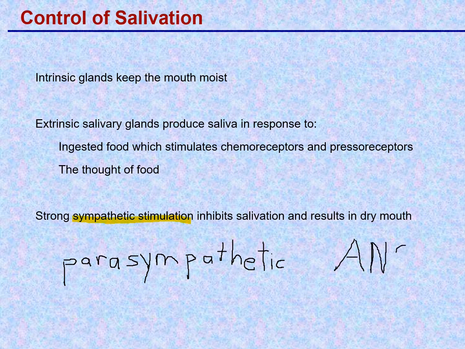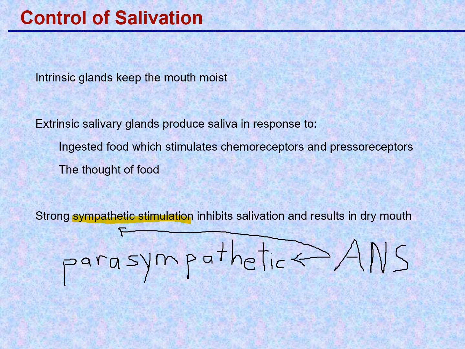And the autonomic nervous system, as I said, has two divisions, the parasympathetic and sympathetic division. So output from the sympathetic division would be sympathetic stimulation. Output from the parasympathetic division would be parasympathetic stimulation. And these two will upregulate or downregulate.